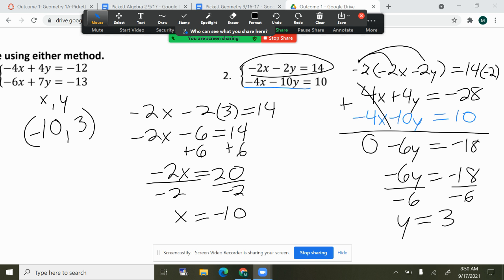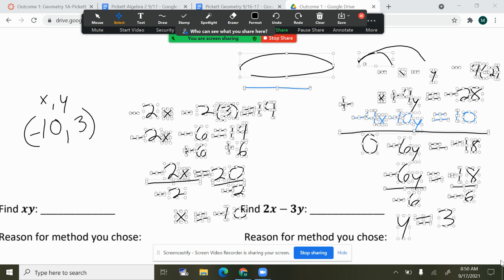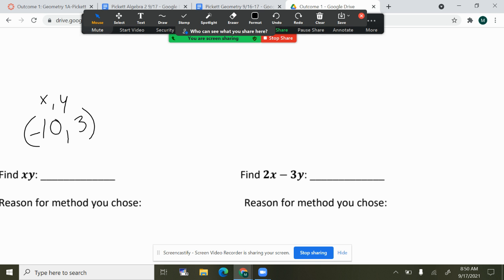Now, you'll also notice if you look down on your paper, you don't have to scroll, it says find 2x minus 3y. So you might be like, what is that? Well, I'm finding 2x minus 3y because this is what the SAT likes you to do. You may have noticed that on the PSAT earlier this week.